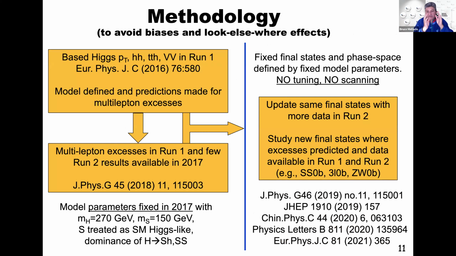So let's look at the methodology, because when you are searching for new physics, you have to really make sure that you're not hampered by biases or look-elsewhere effects. The phase space at the Large Hadron Collider is so big that the probability of having a fluctuation from the standard model somewhere in the phase space is huge.